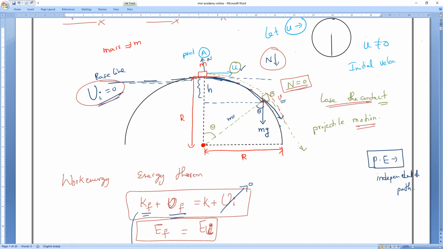This will become mg cos theta, and the opposite one will become mg sin theta. You all should speak. Now observe, there is a force exerting in the opposite direction. What is that force we used to call? Yes, perpendicular, normal. Because weight is downwards, normal is in the upward direction.